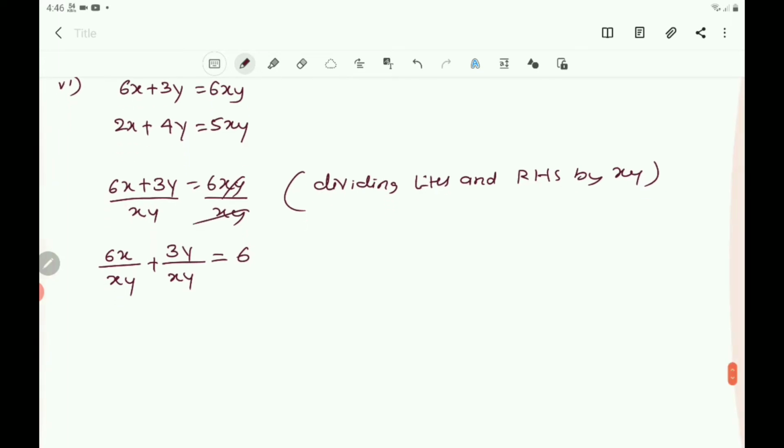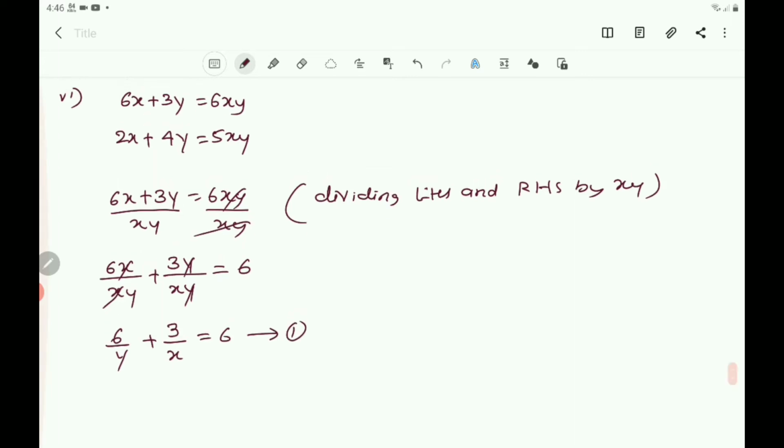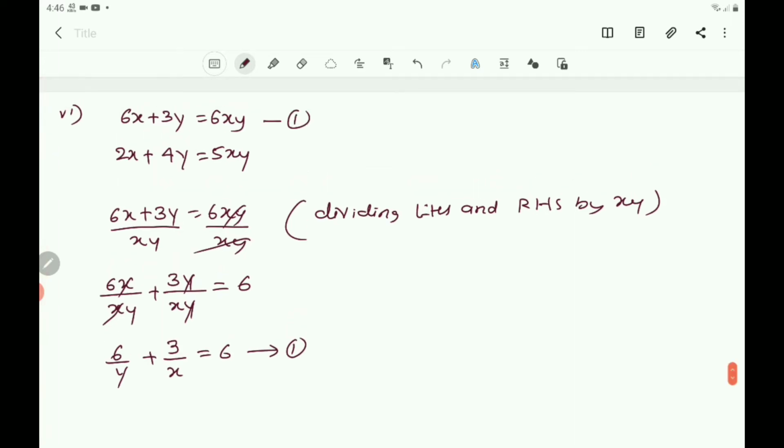What is remaining? 6 by y plus 3 by x equals 6. So the first equation is converted this way.